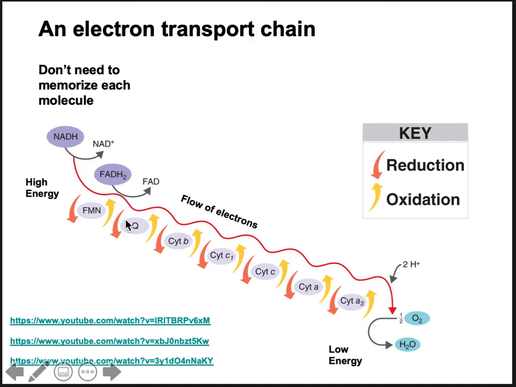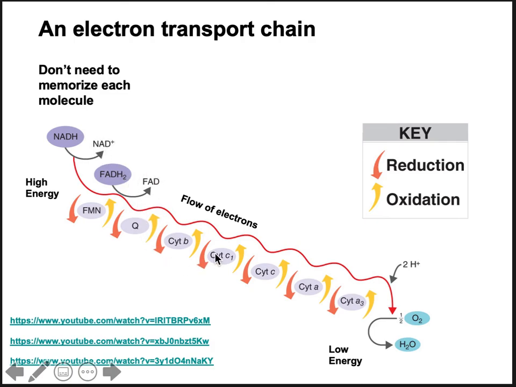The electron gets passed down the chain, and the protons get pumped across, okay? And FAD is the oxidized form, right? So NADH reduced from previous steps, and then it gets oxidized again in the electron transport chain to NAD+, okay?